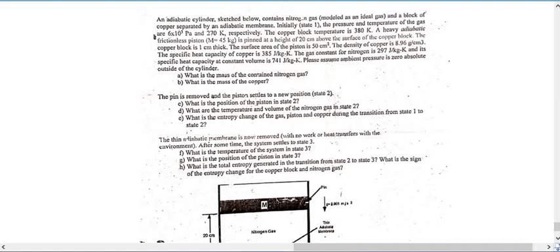So here is a question. We are going to start with reading the question as usual. The question: an adiabatic cylinder, sketched below, contains nitrogen gas modeled as an ideal gas and a block of copper separated by an adiabatic membrane.